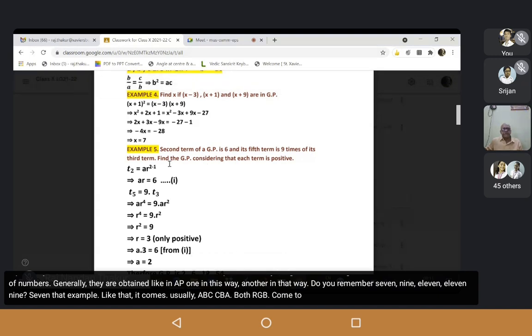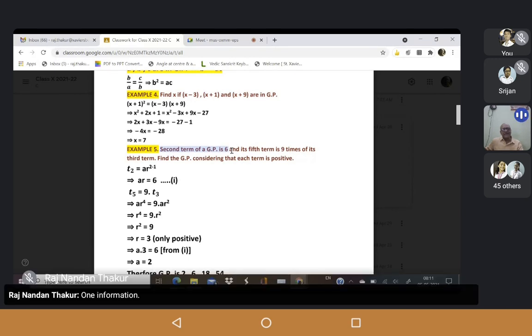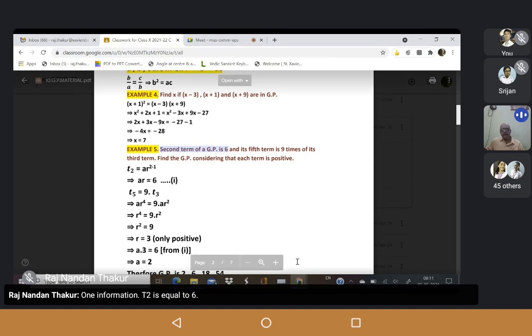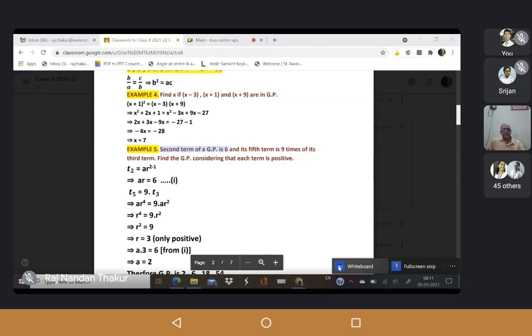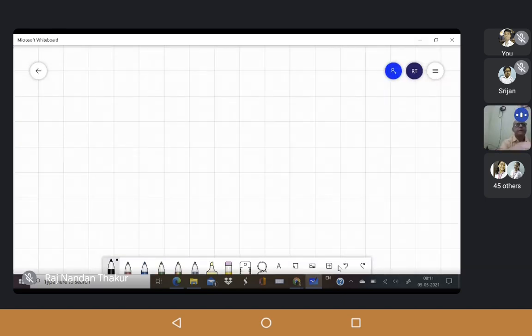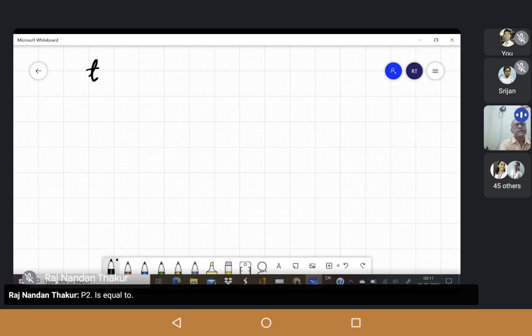Come to example 5. Second term of a GP is 6. One information, T2 is equal to 6.